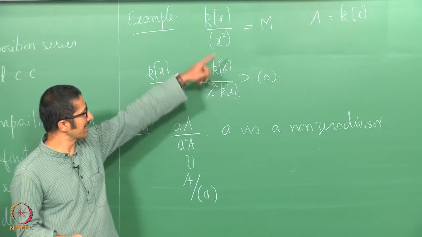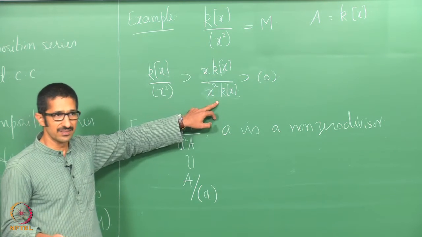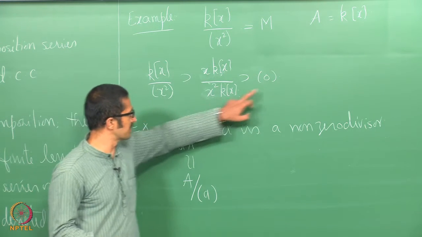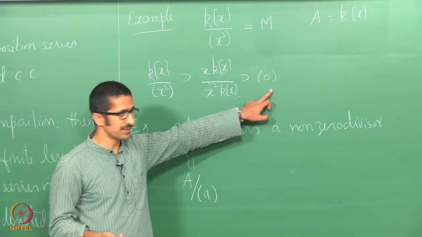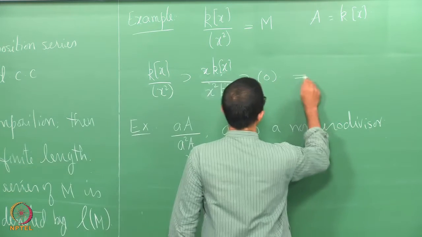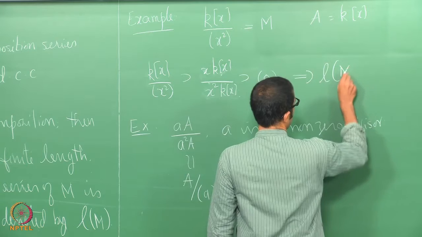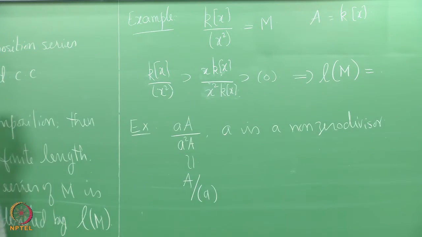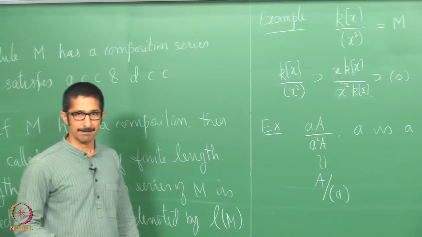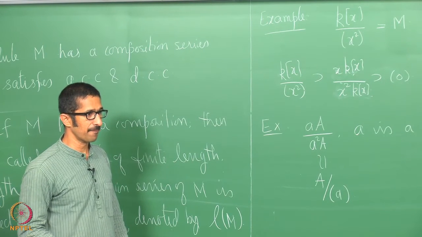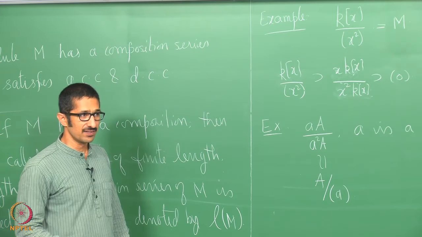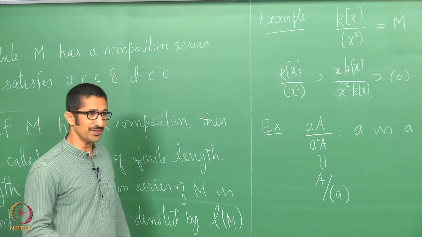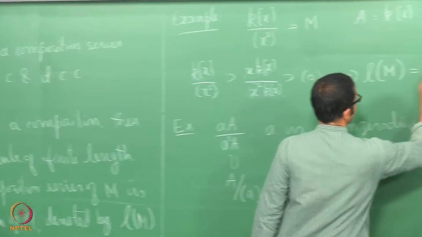You do not have any kx submodule of k. Therefore, this mod this is simple. So, what is the length of M here? 2, right.